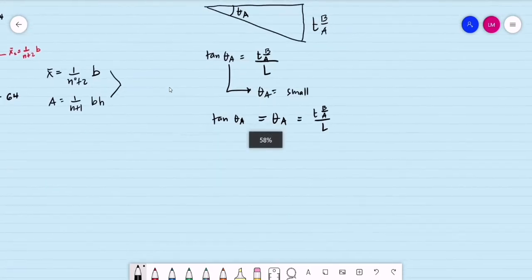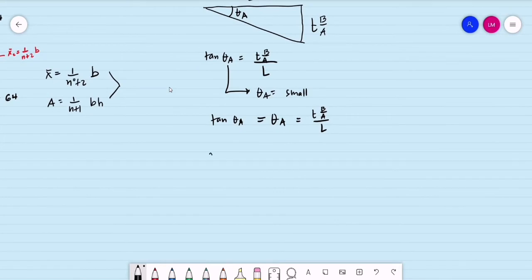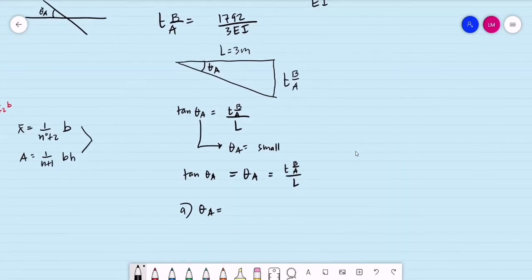So computing for the first requirement, letter A, we have theta sub A equal to the opposite. What is the deviation from A to B? We have that as 1,792 divided by 3 EI. This is divided by the length of the beam, which is equal to 8 meters.